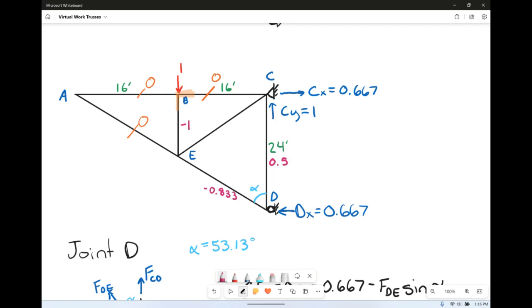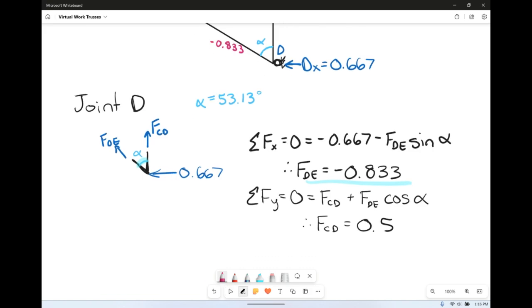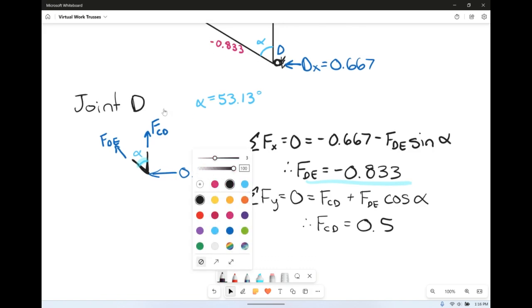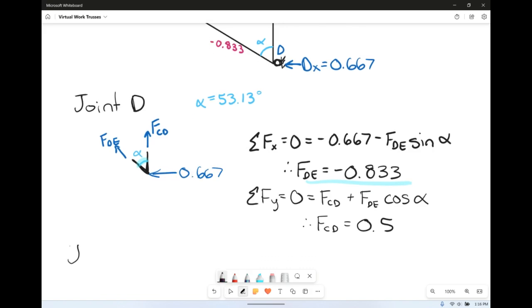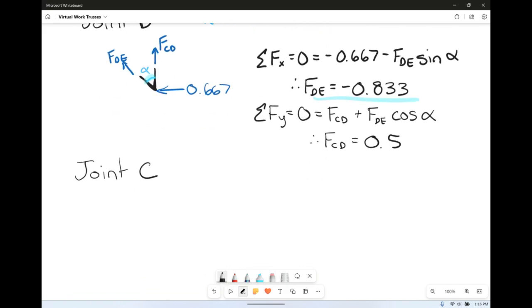Next, I'm going to go on to joint C because I already know 2 out of the 3 members there. One of which is a 0 force, and that's really nice. So on to joint C. At joint C, we have our horizontal, we have our vertical, and we have our one force coming off this way. We've also got CY, which we said CY was 1.